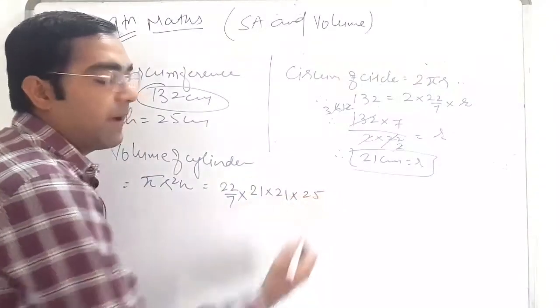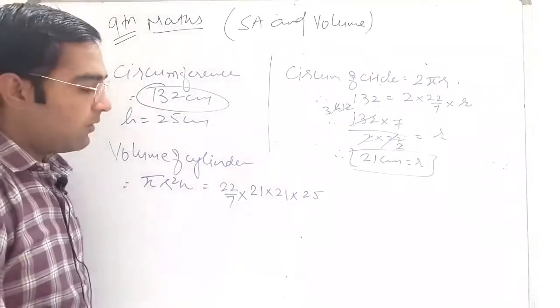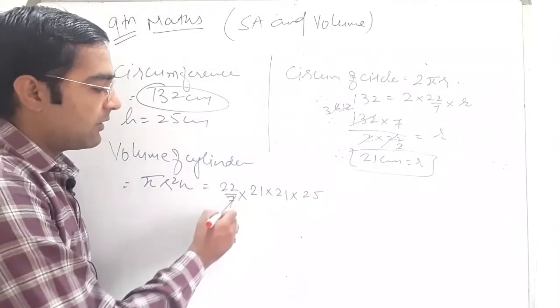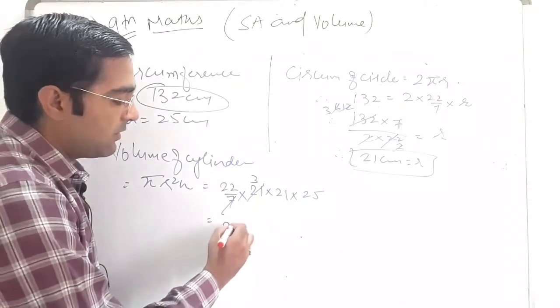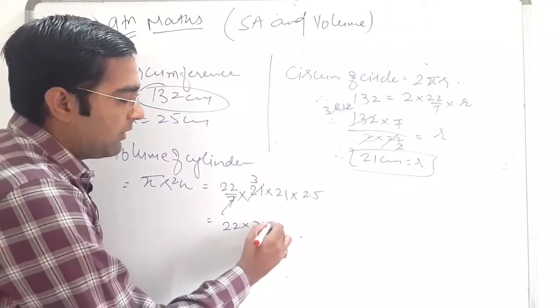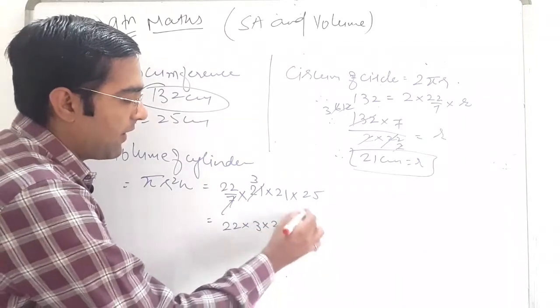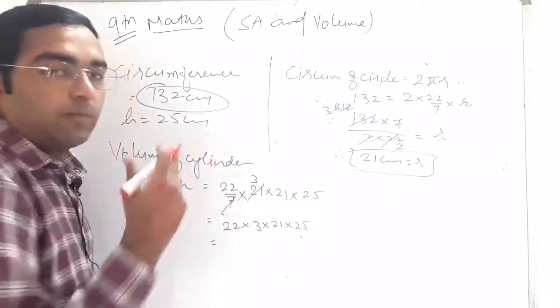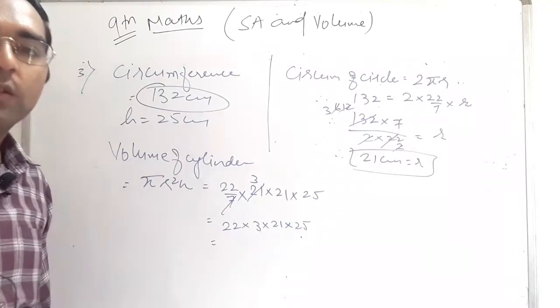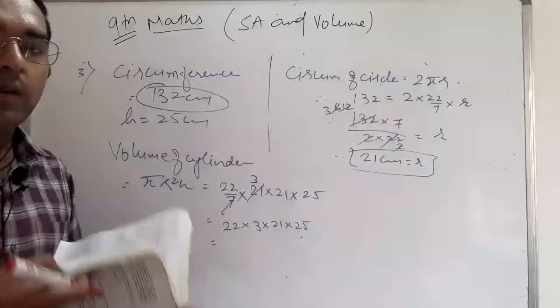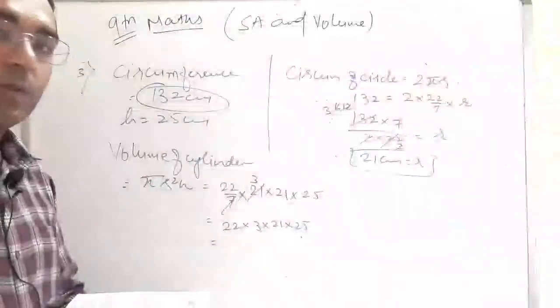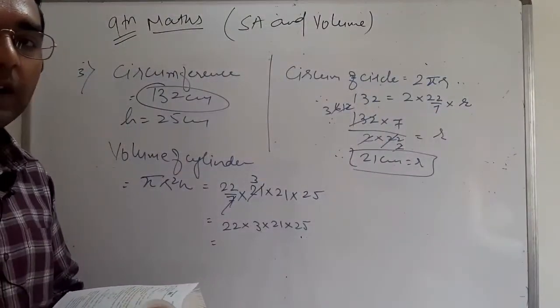Now we have to take cancellation. 7 3s are 21, and what is my answer? That is 22 into 3 into 21 into 25. So take the multiplication of these to find the answer. Please do the multiplication as fast as you can.